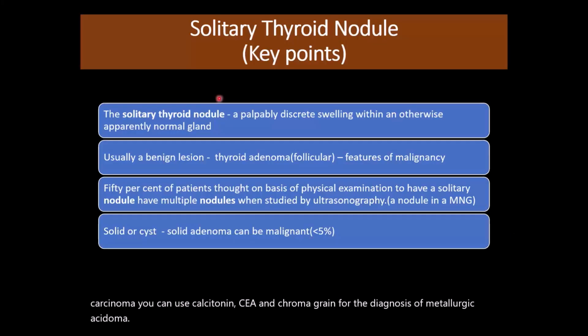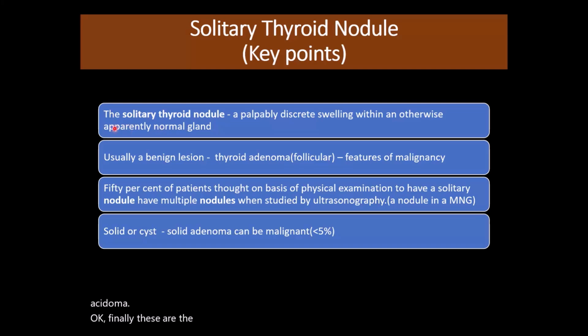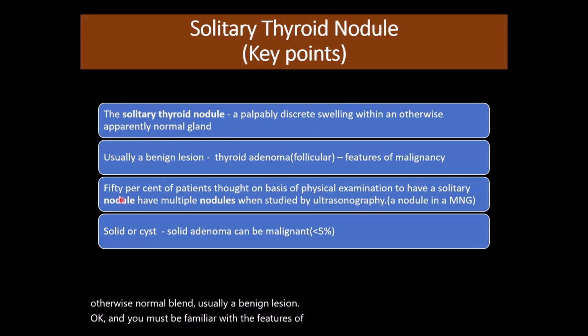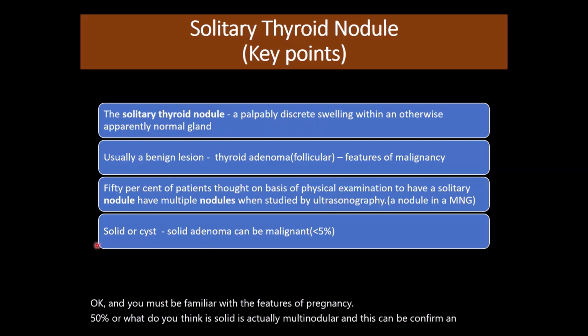Okay, finally, these are the key points. Solitary thyroid nodule: a palpable discrete nodule within an otherwise normal gland. Usually a benign lesion, and you must be familiar with the features of malignancy. 50% of what you think is solitary is actually multinodular, and this can be confirmed on ultrasound.